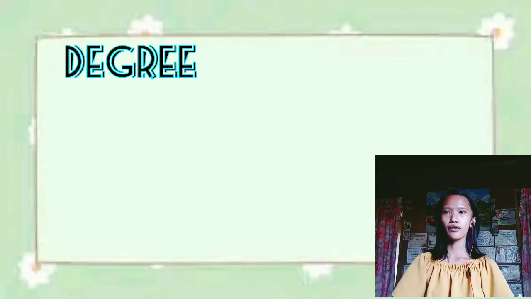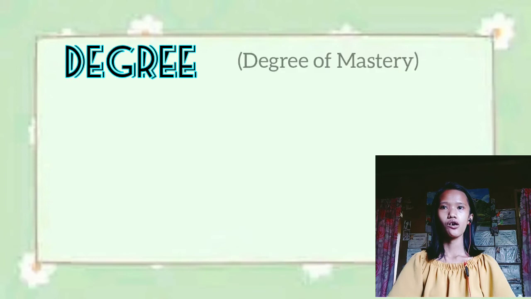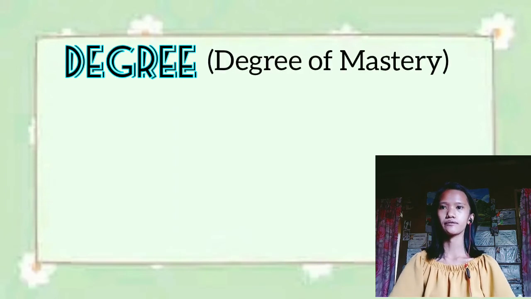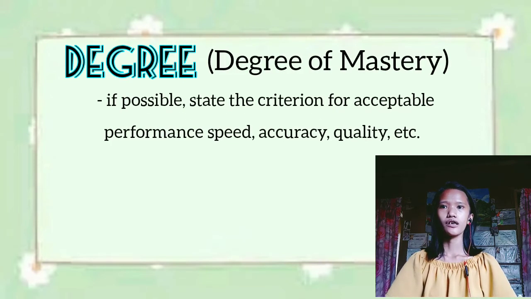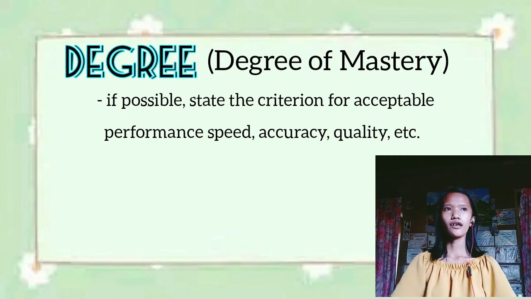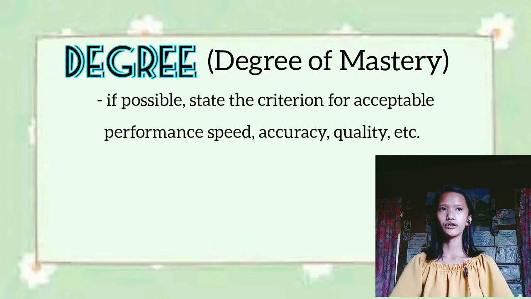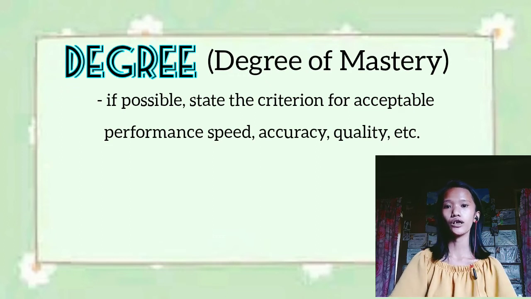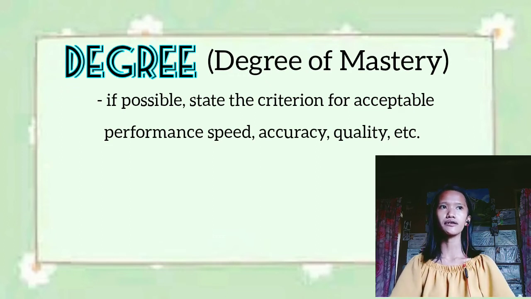The last element is the degree or degree of mastery. If possible, state the criterion for acceptable performance, speed, accuracy, quality, and etc. It asks the question how it went well, how the performance went, either good or bad.